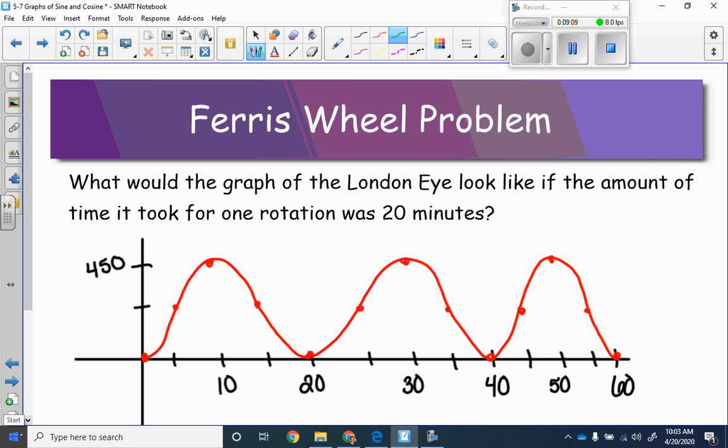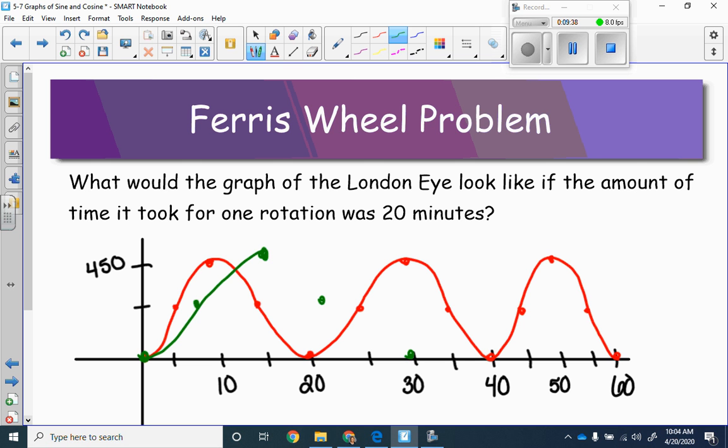The next one looks at making one rotation take 20 minutes versus 30 minutes. Hopefully you see that this is going to be a horizontal compression. Thinking about 30 minutes, if that's how long it took, here's 0, at 15 minutes we would be at the maximum, about here, and then there's our 30 minutes.